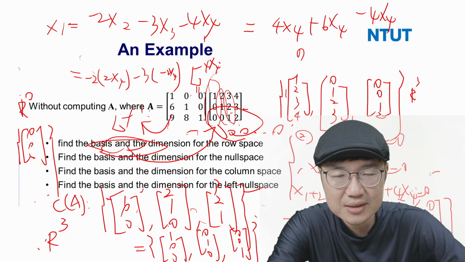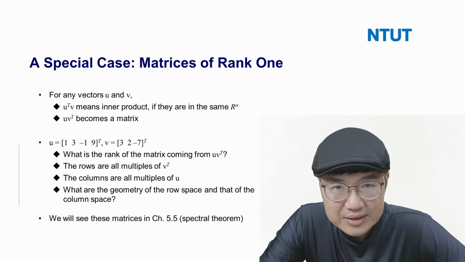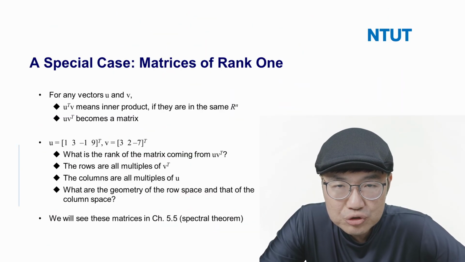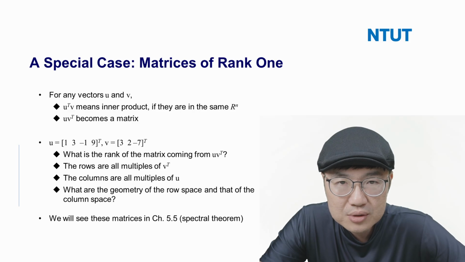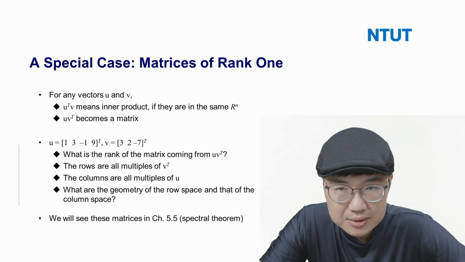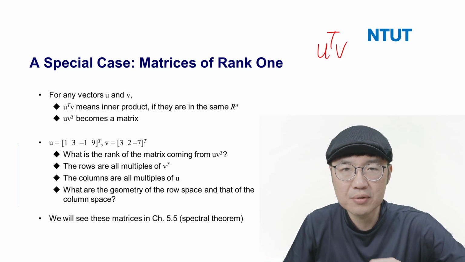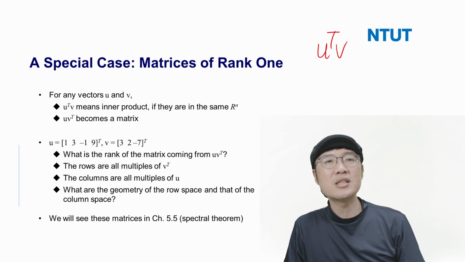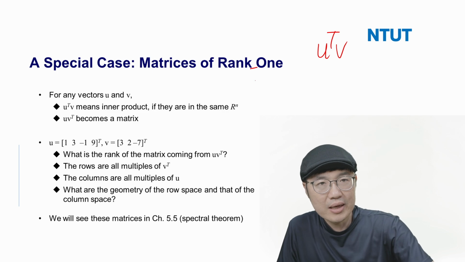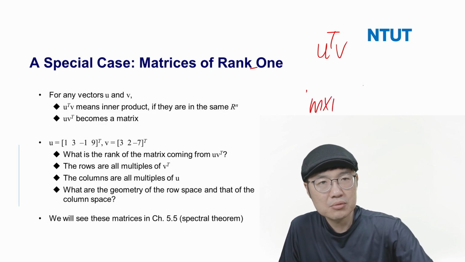Finally, in this section, it introduced a special matrix called rank 1 matrix. In the next section, you are going to see u transpose v is called inner product. u is m by 1, v is m by 1.